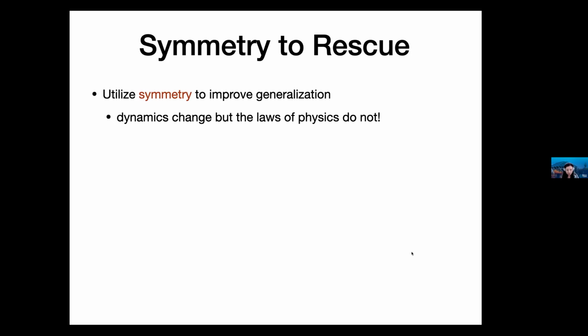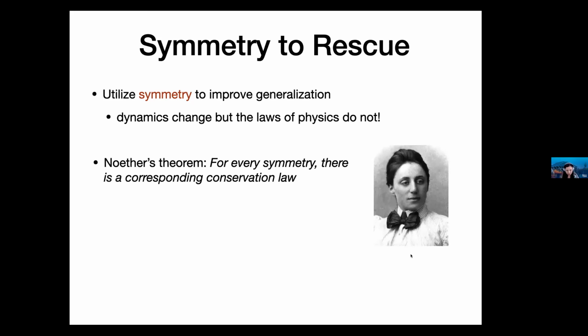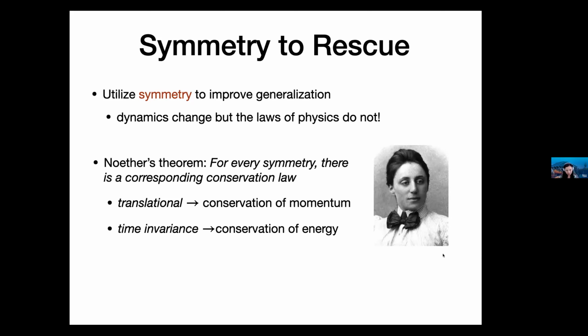So there is this famous theorem called Noether's theorem, which connects conservation laws with symmetry. It's by the famous physicist Noether. She said for every symmetry, there is a corresponding conservation law. For example, translation symmetry corresponds to the conservation of momentum, and time invariance corresponds to conservation of energy.